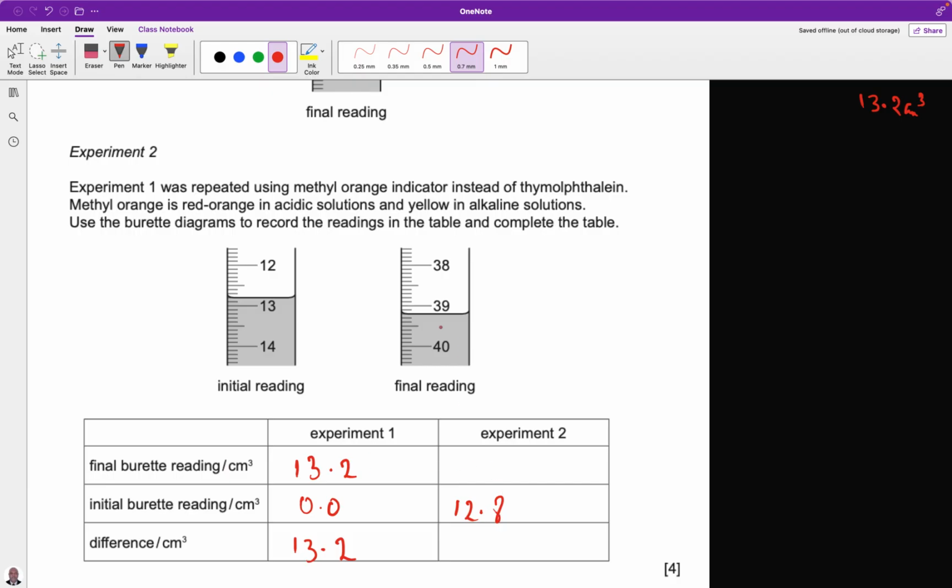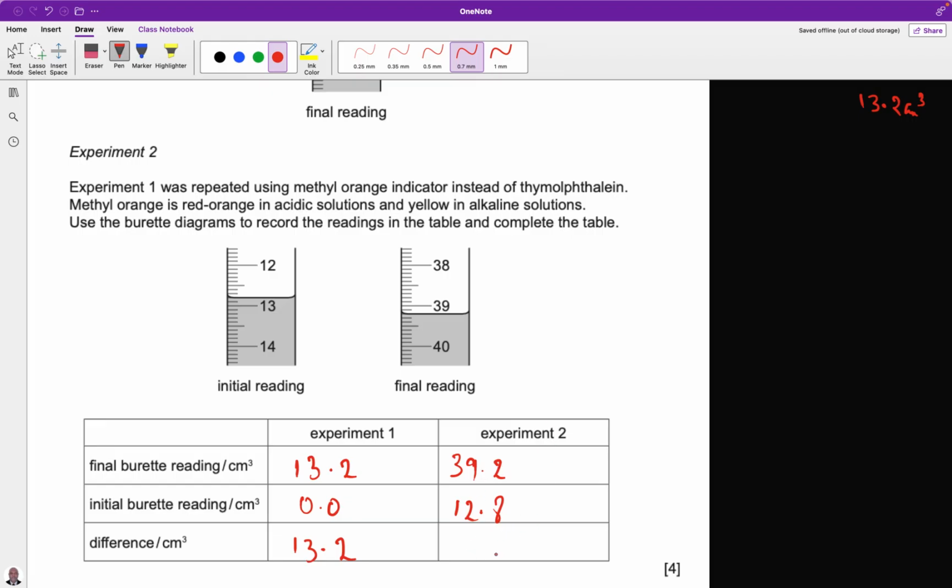Our final burette reading will be this one. Okay, from that end, we titrated and it got to 39, 39.1, 39.2. It will be 39.2.